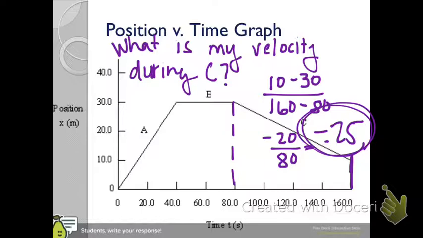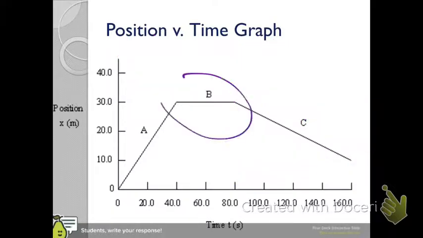Good. What's the negative tell us here? We're just going backwards, right? That's what the negative tells us, is we're going backwards. Good. What's my velocity during B?